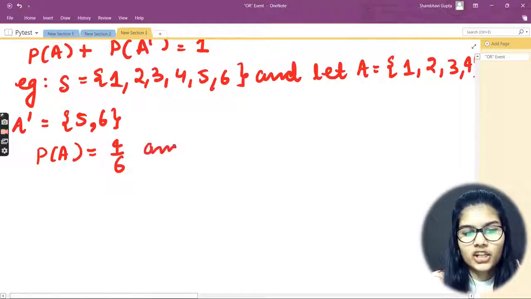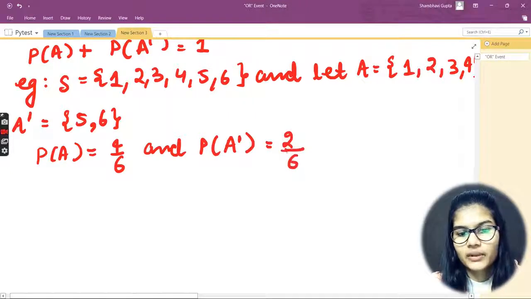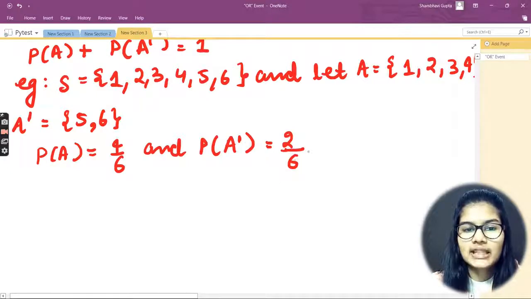And the probability of A prime will be 2 by 6. How come 2 by 6? Because in A prime we have only 2 numbers, but my sample space has 6 numbers in total.